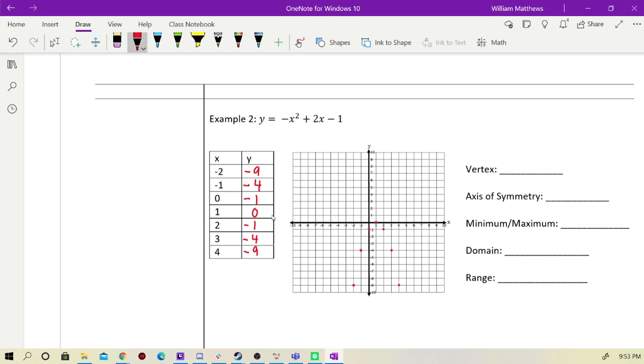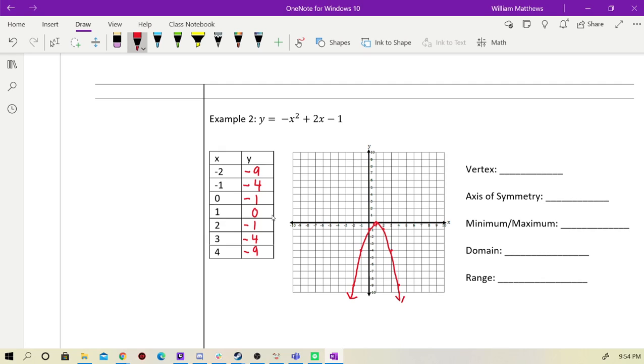Yet again, there is nothing limiting this. This is a continuous function. So we are not just drawing the points listed on the table, but every point in between as well. We show this with a continuous line.